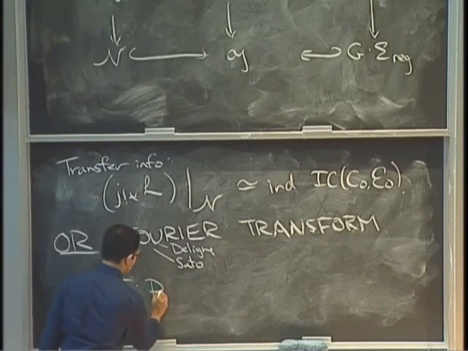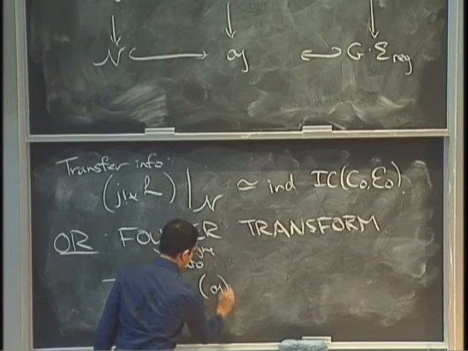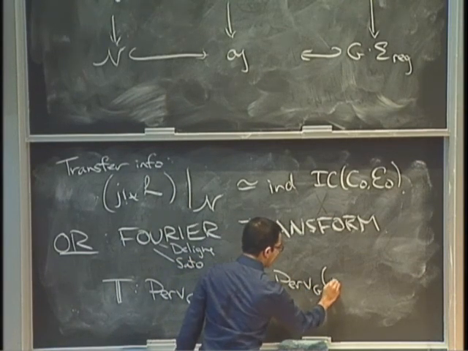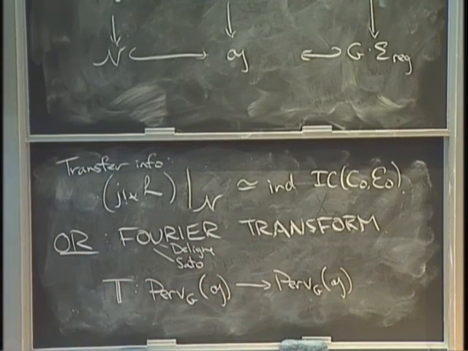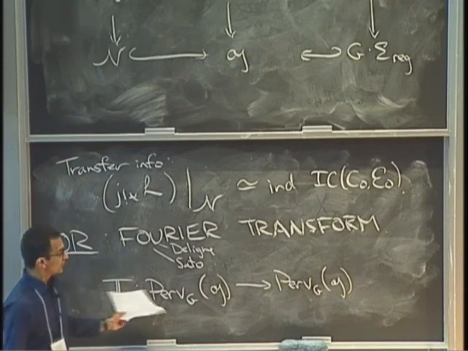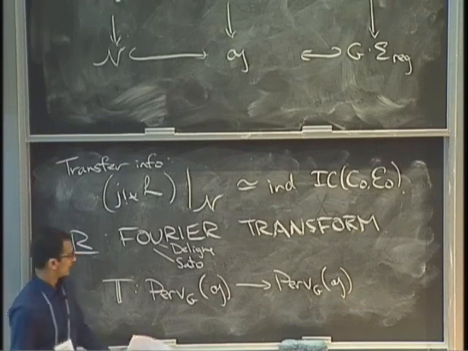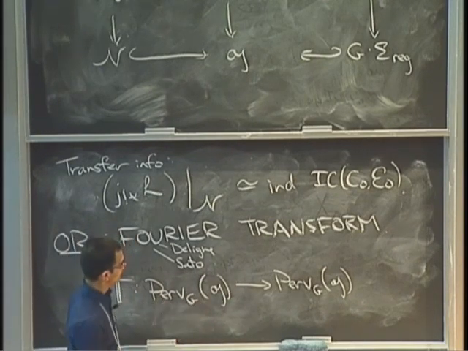So it gives you an auto-equivalence of G-equivariant perverse sheaves on the Lie algebra to itself. There's a slight lie here. It's not all G-equivariant. You have to insert the word conic somewhere, but I'm just going to forget about that. And it does the kind of things that you think something called Fourier transform ought to do, like it sends the skyscraper sheaf to the constant sheaf, and vice versa.